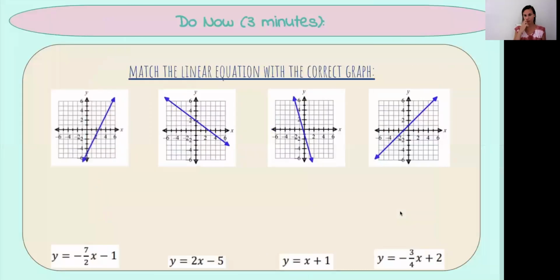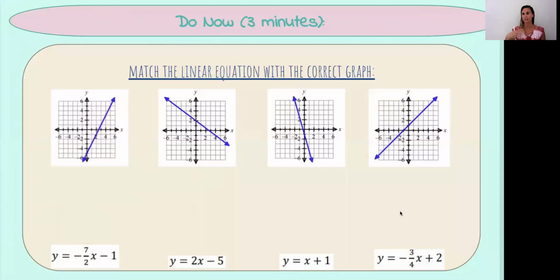So this would be my warm up, because hopefully if I was teaching this to a class, they would already know how to identify graphs of linear functions and their equations. So they would match them, and you can see if you can do that right now, because if you can't, it's kind of a sign that this lesson might not go as smoothly.